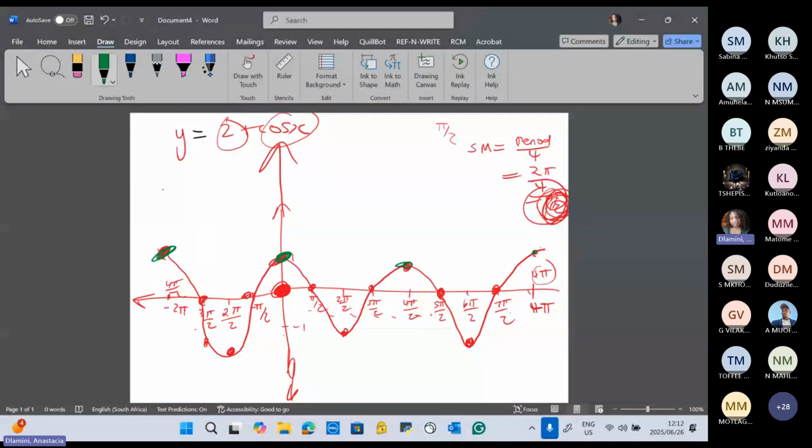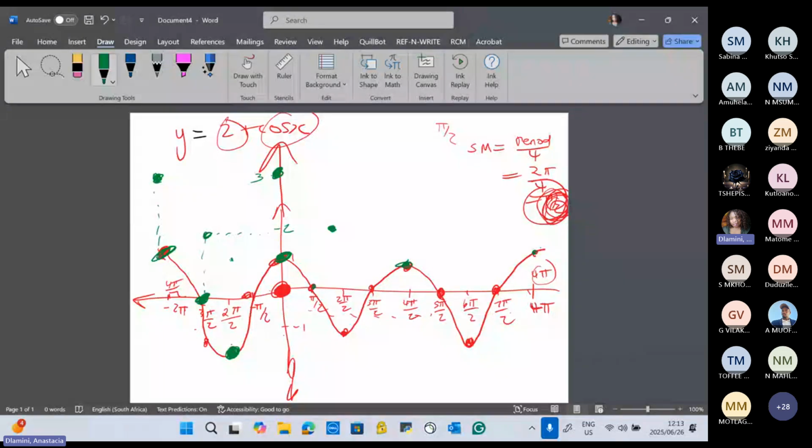If you add 2, you get 2. This point was here, so this point will be here. And this one was -1. If you add 2, -1 plus 2, guys, you get 1. This point to be here.